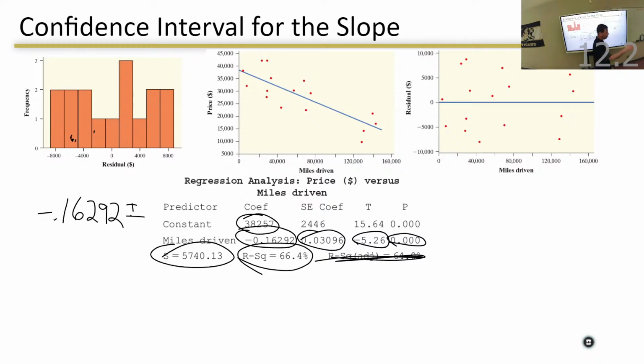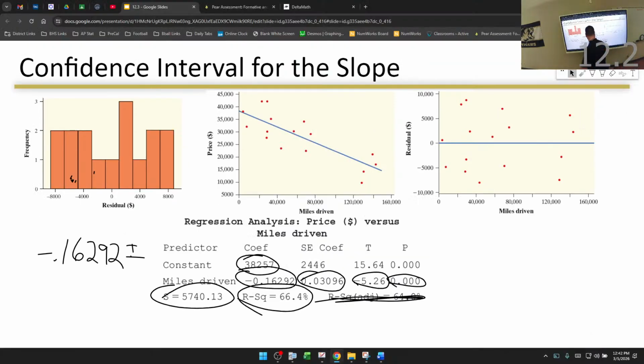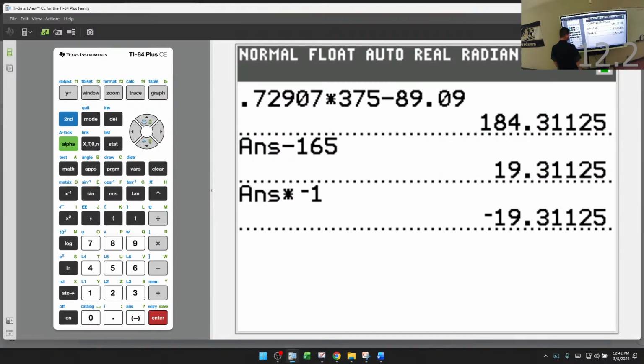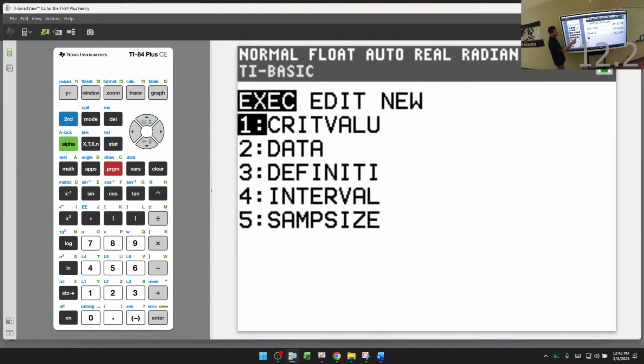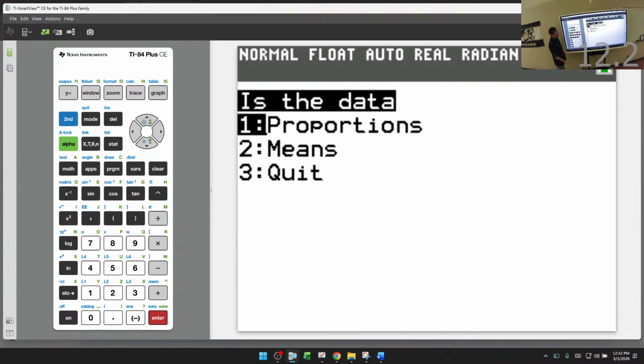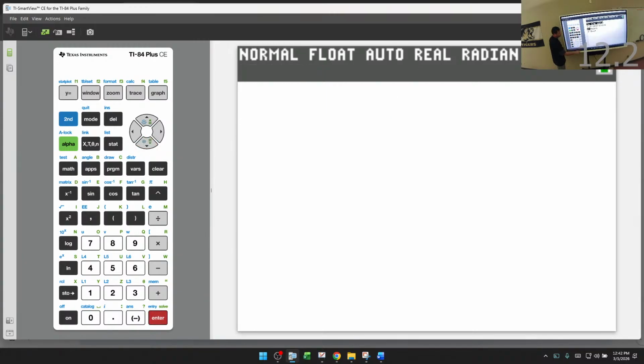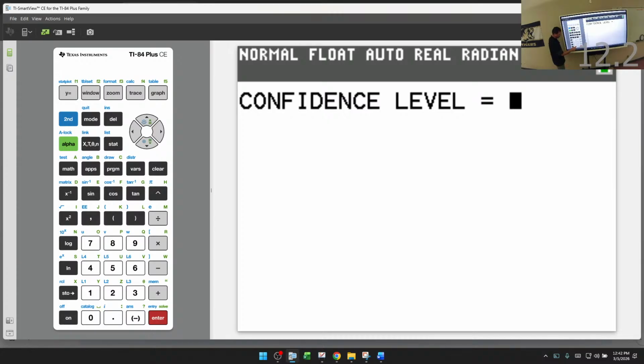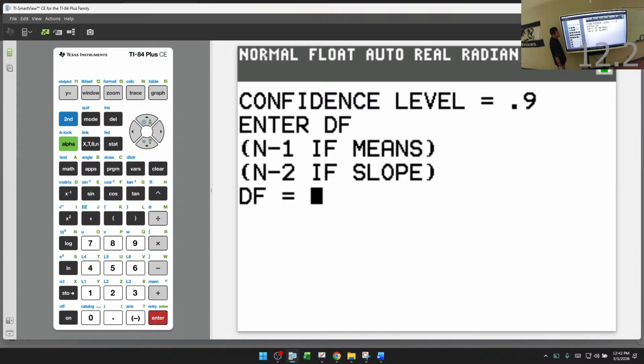So you're going to use your table or your calculator or your Desmos or your fancy program. Program, critical value, run it, it's means, and it was 0.9. And there's where it says n minus 1 if means, n minus 2 if slope. And I already forgot what df was supposed to be.